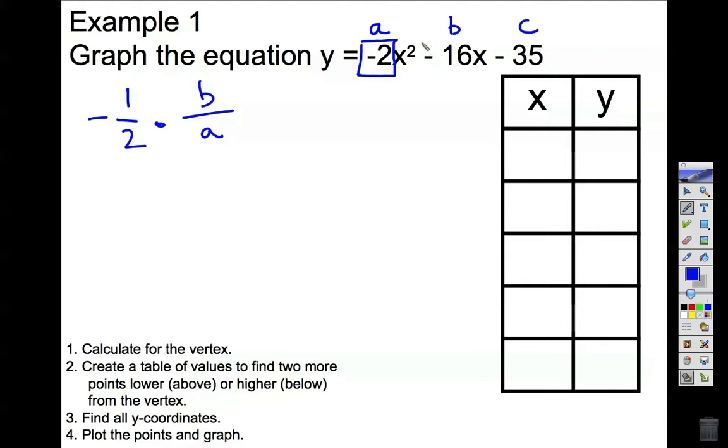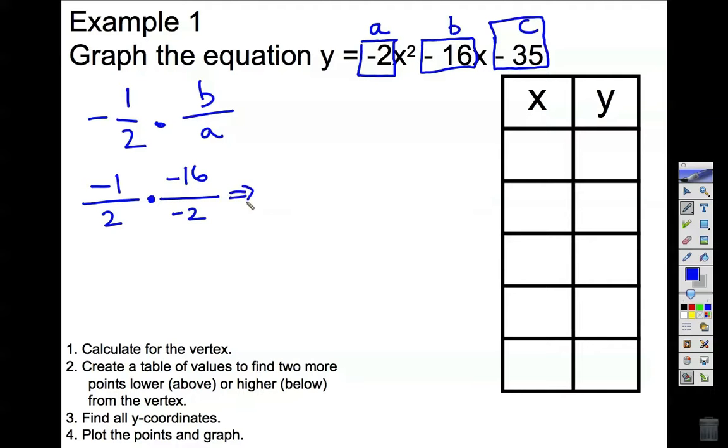Again, a, b, and c are just numbers, no variables. So -1/2 times b is -16, a is -2. This becomes +16 over -4, which reduces to -4.